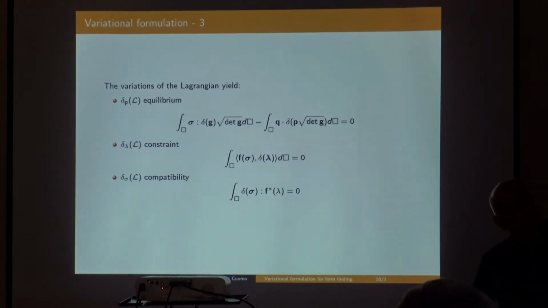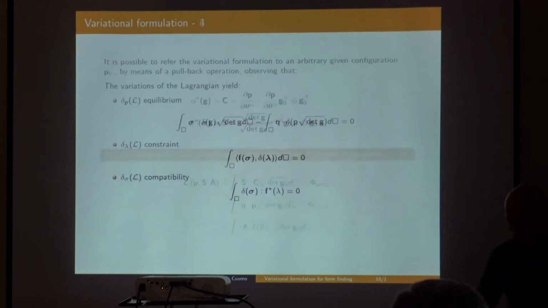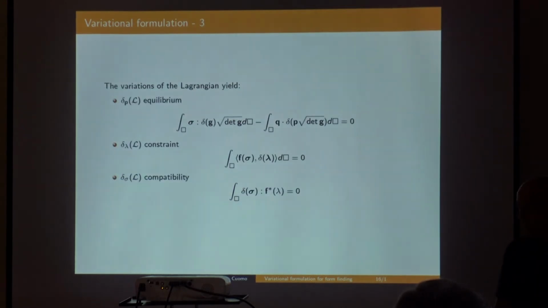It's something to do with the deformation. Depends on what is the constraint, but it's a kinematical condition. Now, this is what we need. We can proceed because in this case we have as unknown the position, the stress, and this Lagrangian multiplier.